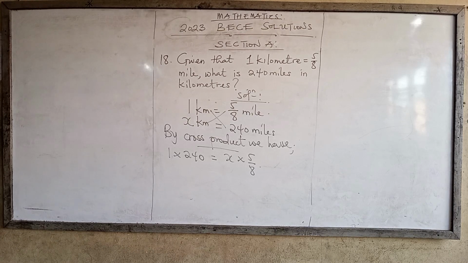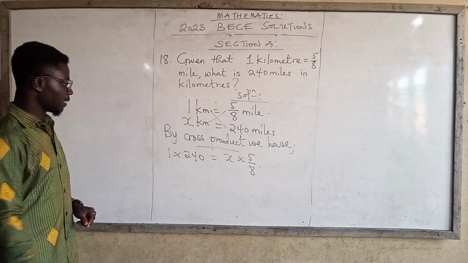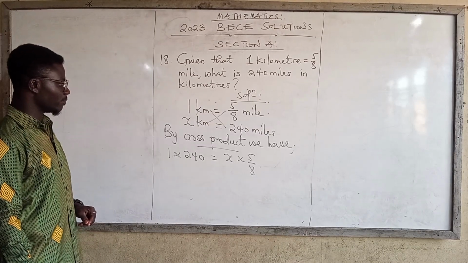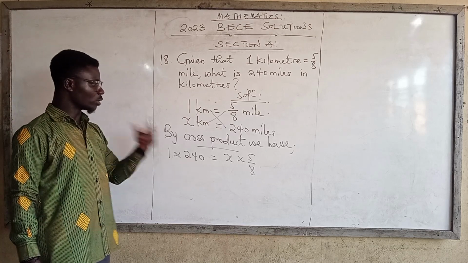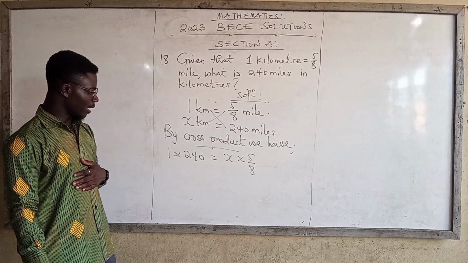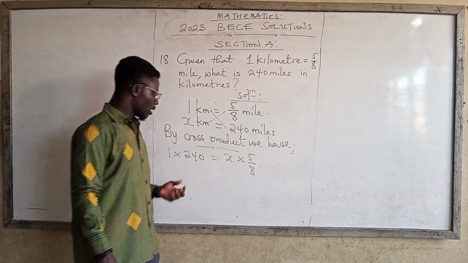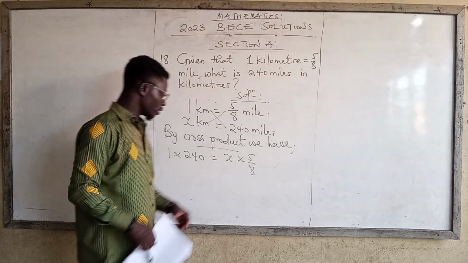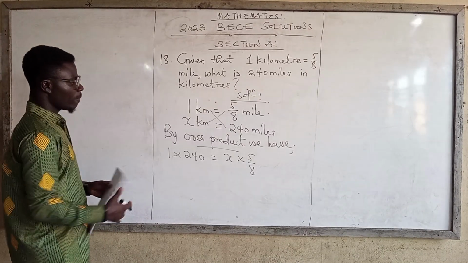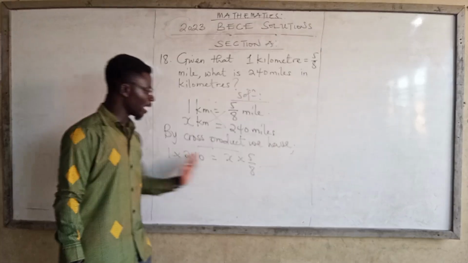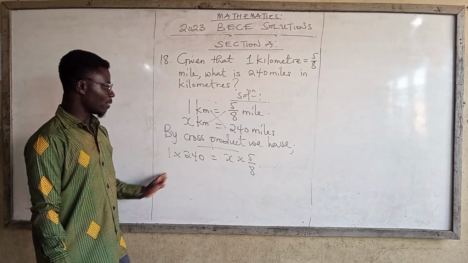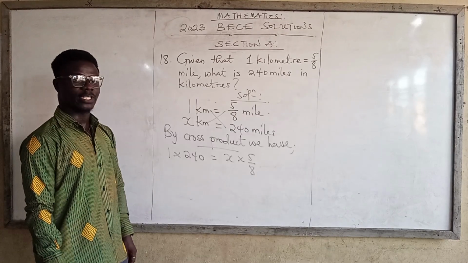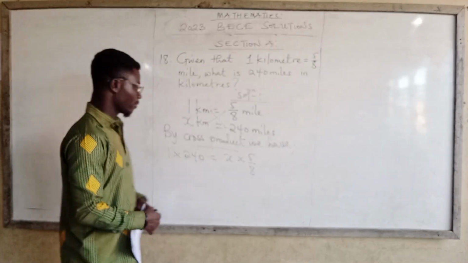So now we can take our LCM to be 8, right? Then multiply through by our LCM. Or what can we do? We can multiply both sides by the reciprocal of 5/8, right?